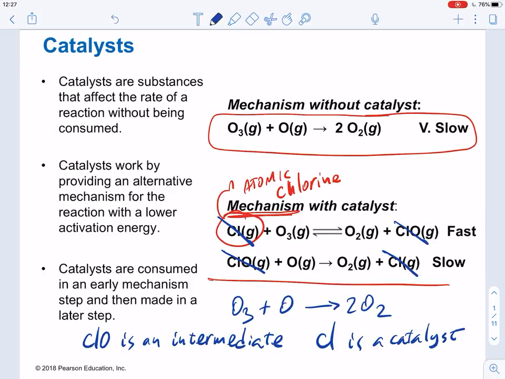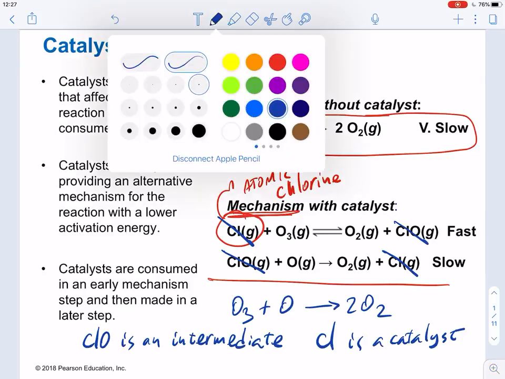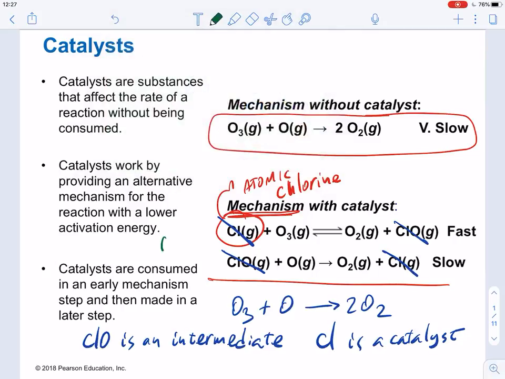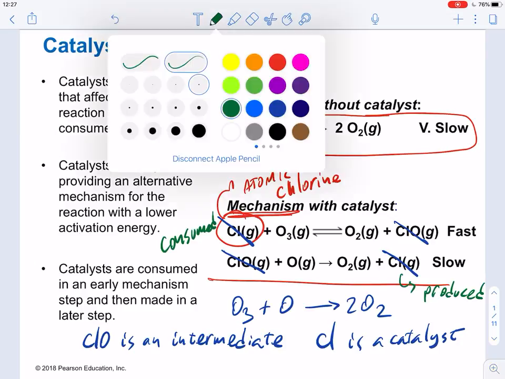So here it is consumed and here it is produced. And the intermediate is the opposite. The intermediate is produced early and then consumed later. Okay? Let me write that down.